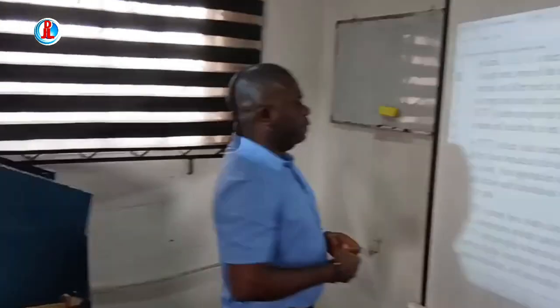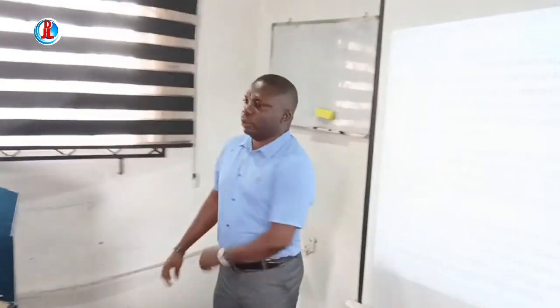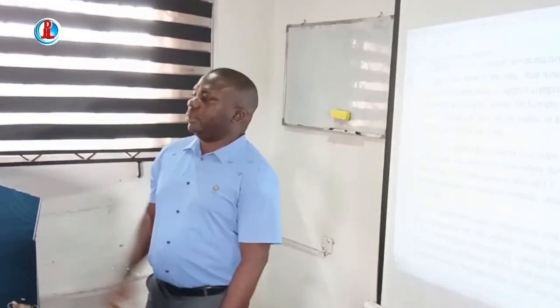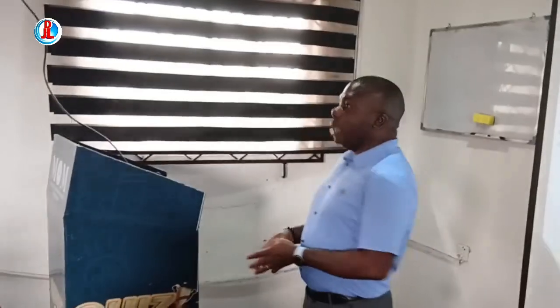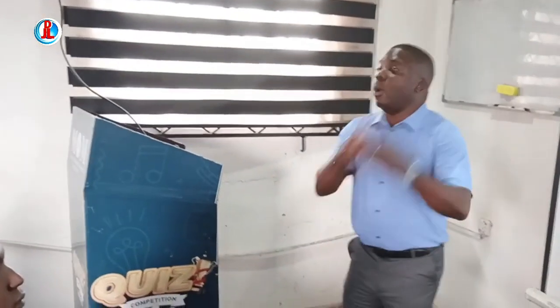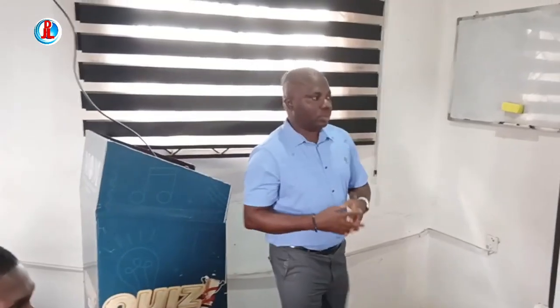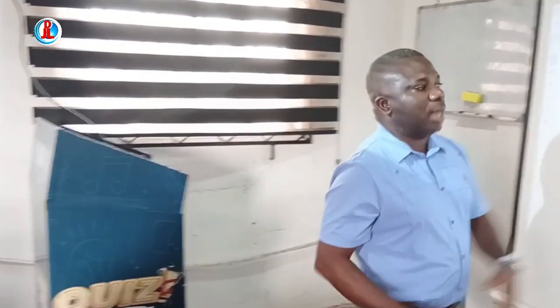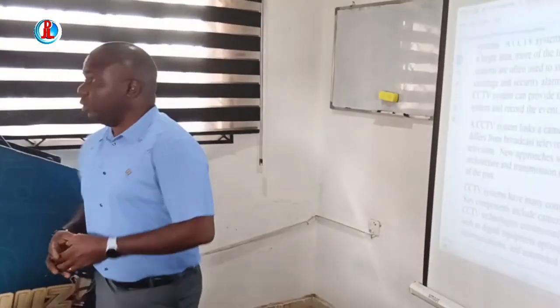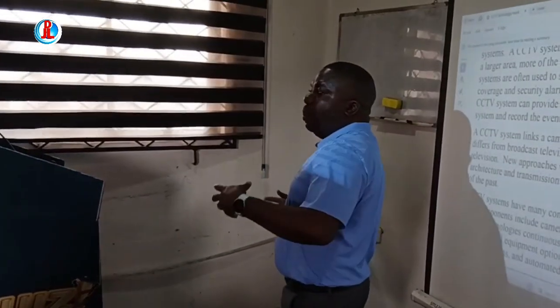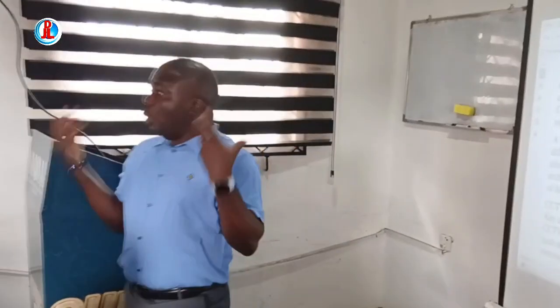This differs from broadcast television. There is broadcast television, and there is CCTV, which is closed circuit television, and there is also open circuit television, where the signal is transmitted over the air and viewed with a television. You understand now? That broadcast is open.